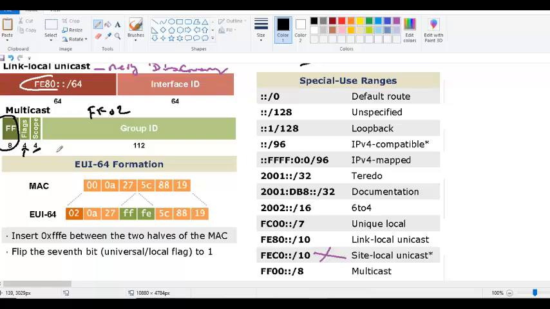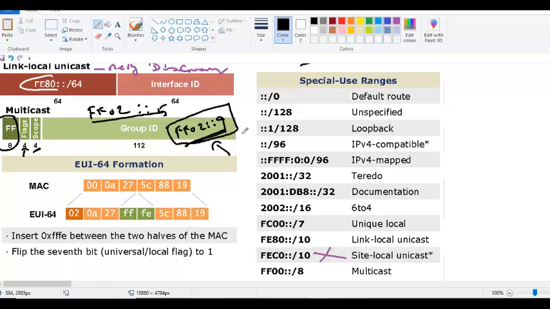FF02::9. Tell me, which protocol's multicast address is this? If this is OSPF, this one will be what? RIP protocol. For EIGRP, what will be the multicast address? 10 we don't write in IPv6. 10 is written as what?